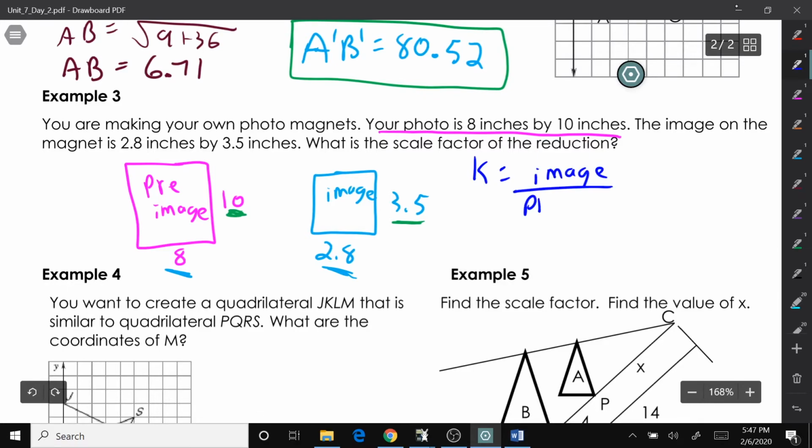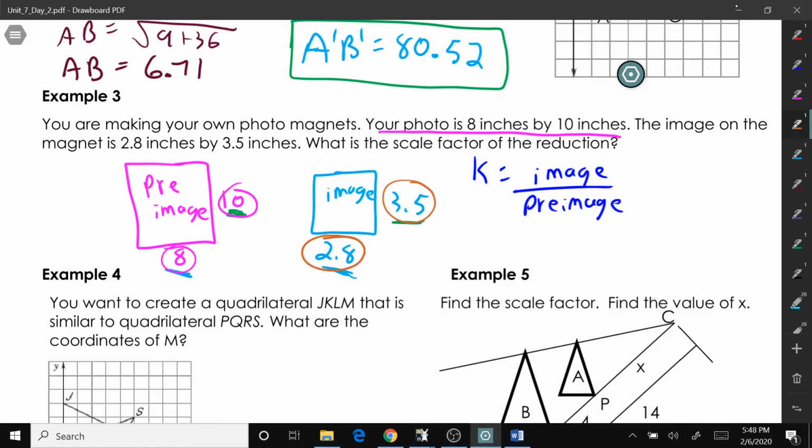divided by pre-image. So you may be saying, well, which number do I use? Should I use this 10 or this 8? Well, it doesn't matter as long as you use the correct corresponding value of our image over here. So you could do 3.5 divided by 10, and that gives us 0.35.